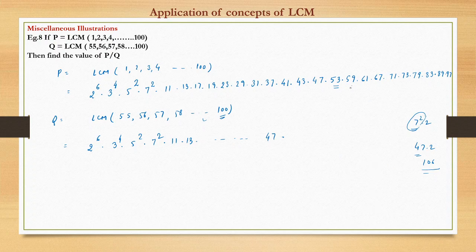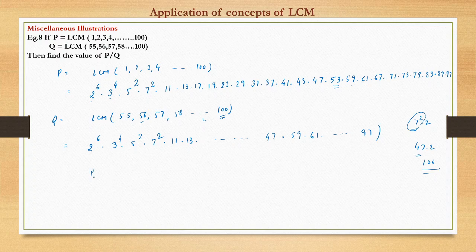Now what about 59? 59 would be there. 61 would be there. All the numbers, 59, 61, and so on till 97, would be there. So do we notice here that all the prime numbers are there with exactly the same index except for 53. We do not have 53 here.